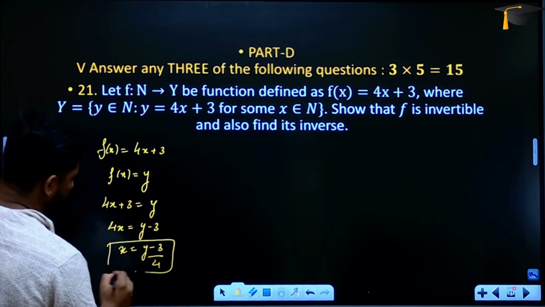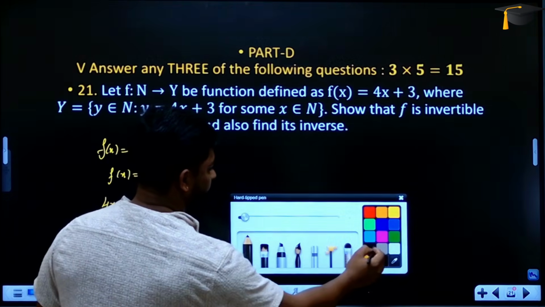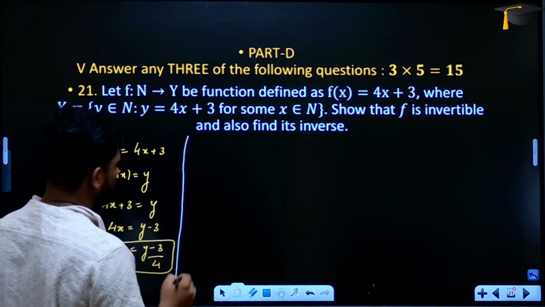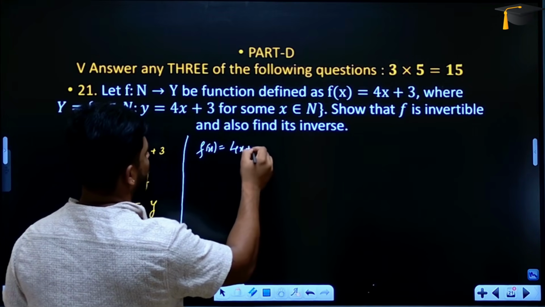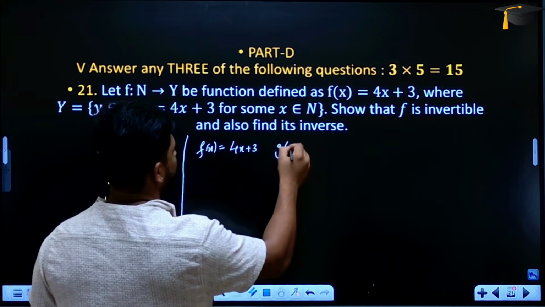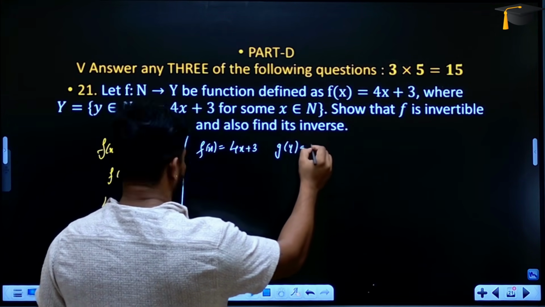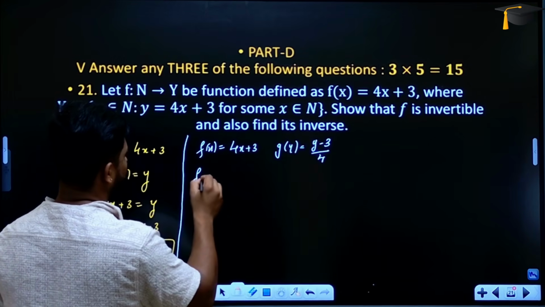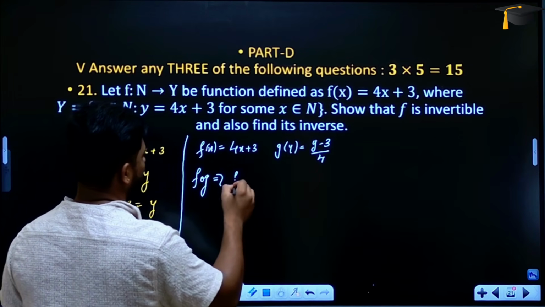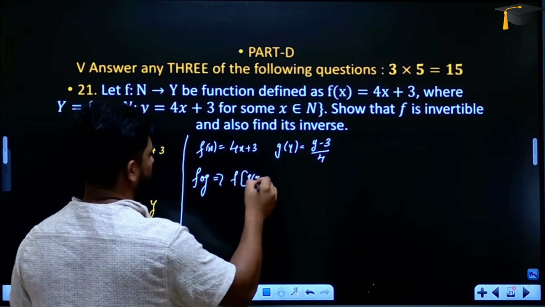So this is your g of y, right? Okay. So after this, f of x is 4x plus 3, and g of y is y minus 3 by 4. Now we have to do fog. So f of g of y.